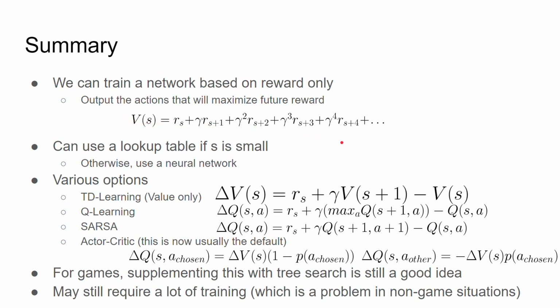In the cases where the number of states is really small, I can just use a lookup table, but the moment it gets reasonably big, fine, let's use a neural network. Whole bunch of interesting options for how to train that network. I will say of those options, actor-critic has probably become the standard. Although, as pointed out in AlphaGo, in special scenarios, you might want to just have one thing or another, especially if you're planning on using that game tree alpha-beta pruning approach.